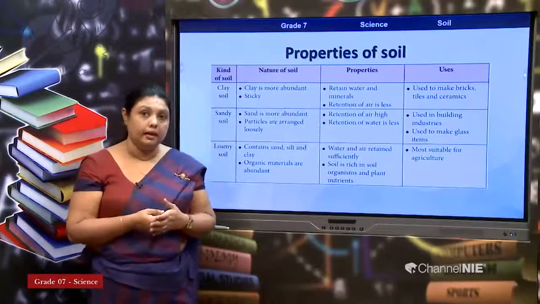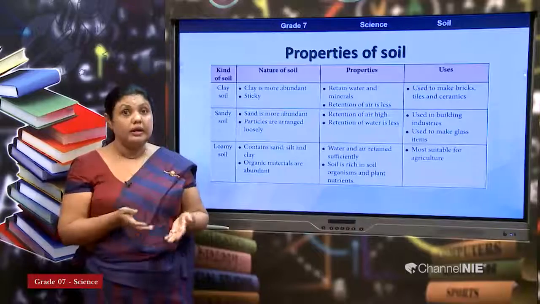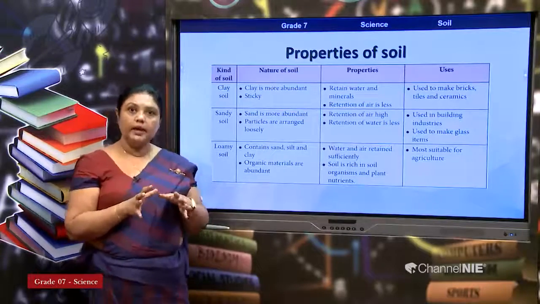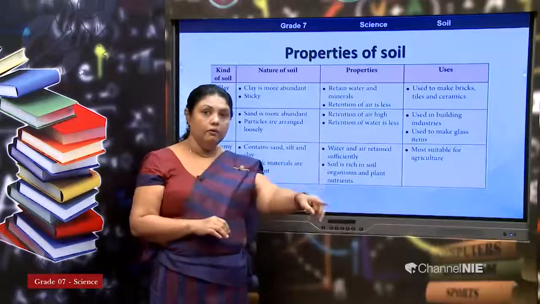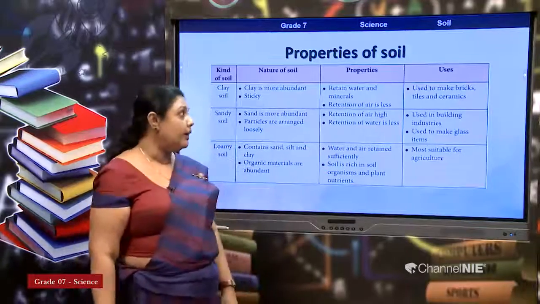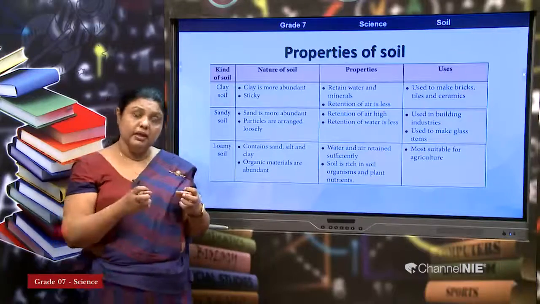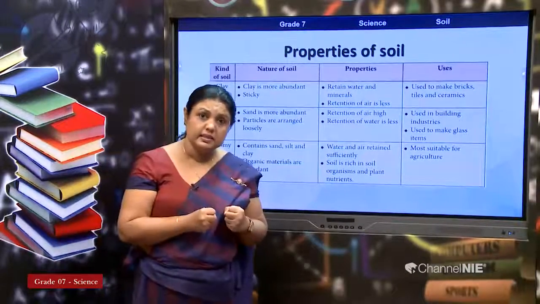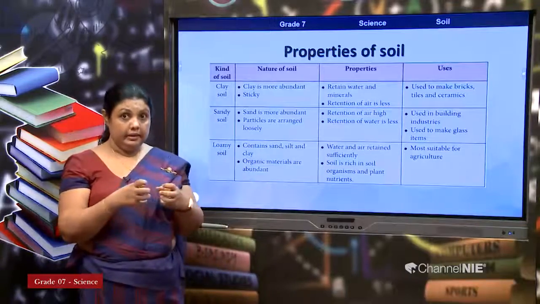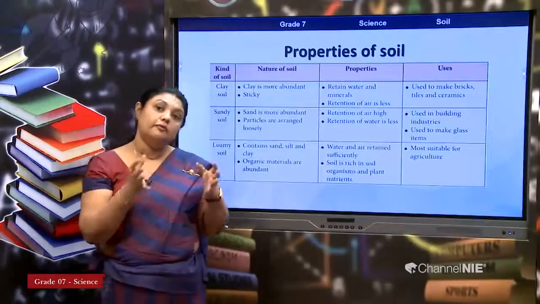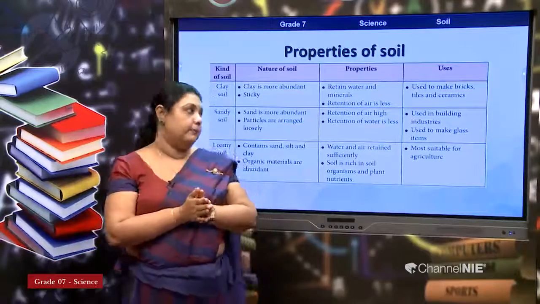If not, somebody can break it, or it will break on its own. To stop that, it should be very hard. So we use clay to make ceramics, bricks and tiles. It is very important to know that clay soil is used to make bricks. Why, children? It has less air spaces. When there are less air spaces, water absorption happens to the maximum, and nothing further can happen.